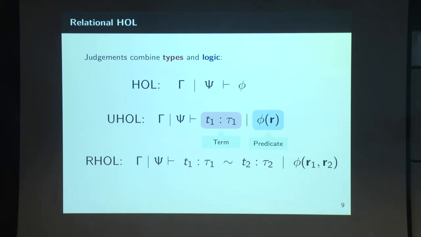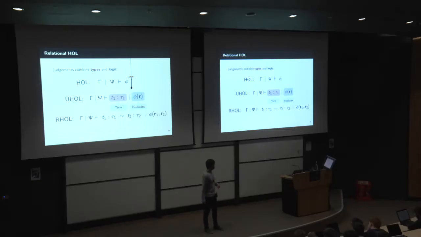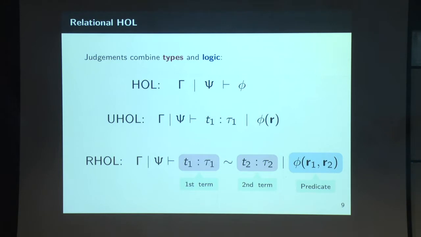We use the variable r to represent the term we are typing. In the same way, we can build what we call Relational HOL. We have two terms that we type, and then a property phi that relates them both, and we use the variables r1 and r2 to represent these terms.